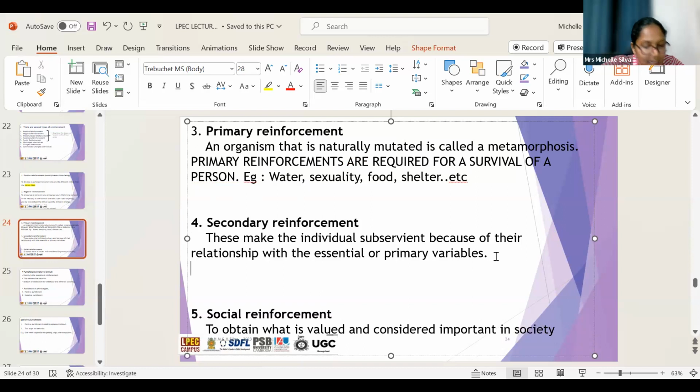So these are not very much essential. Not essential does not mean not important; a person can live even without them. These are not very much essential, such as money.